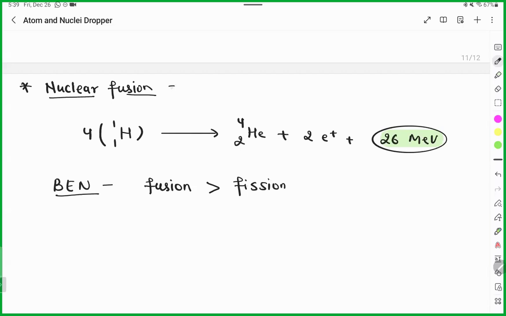For this nuclear fusion, protons will repel each other, so you have to overcome this force. That's why you need very high temperature in this situation, as well as very high pressure so particles can interact with each other easily. They collide and form the fusion product.